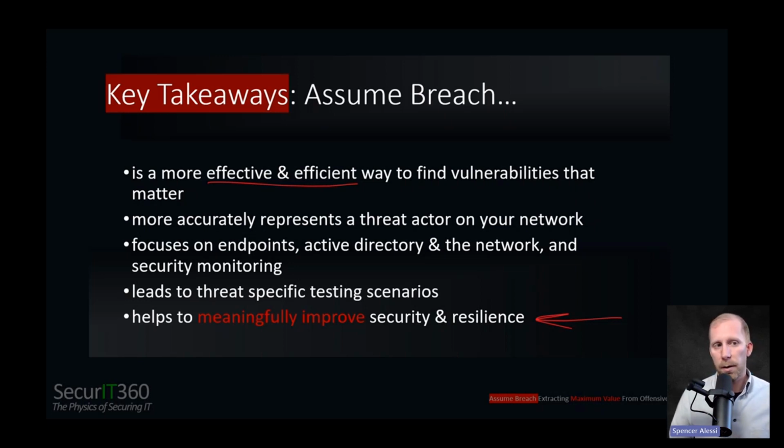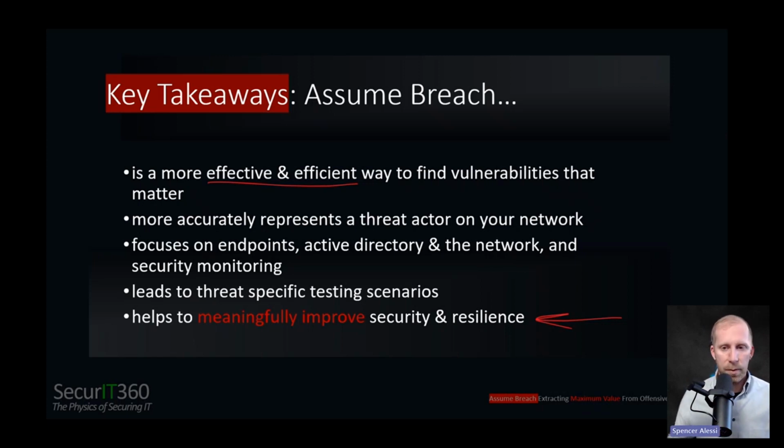Like I said earlier, a threat actor is not going to send you a VM that you plug into your network. And it focuses on endpoints, Active Directory, and the network, right? The three main things that can go wrong in your security program: the endpoints that users are using, Active Directory and things in the network, and security monitoring.